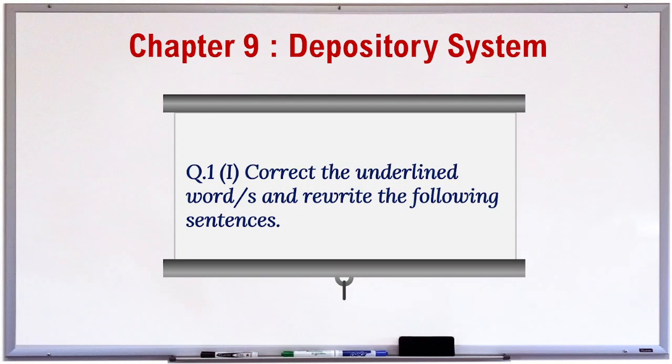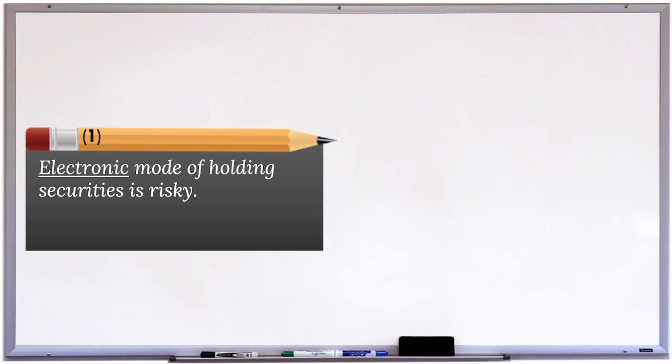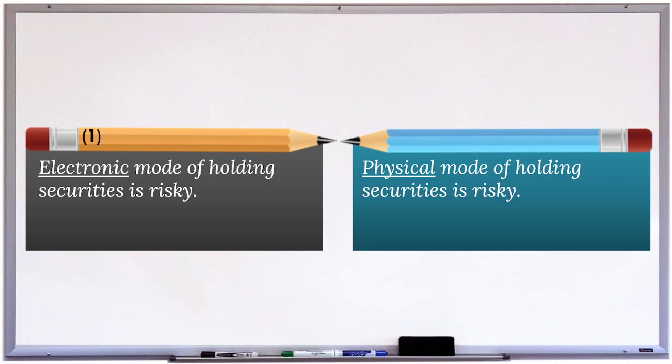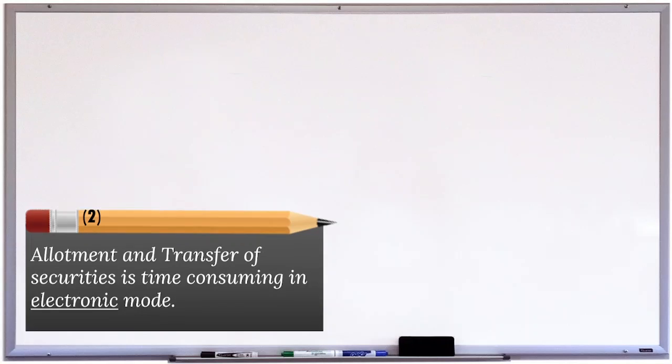Question 1. I. Correct the underlined word or words and rewrite the following sentences. 1. Electronic mode of holding securities is risky. Answer. Physical mode of holding securities is risky. 2.